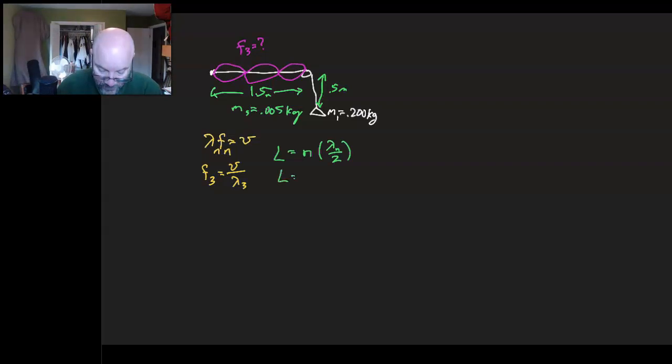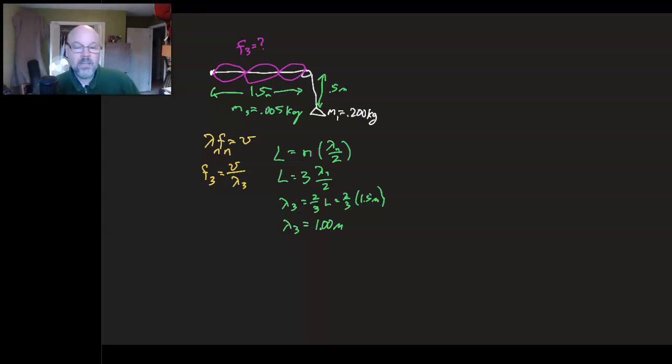That means we have L is 3 lambda 3 over 2, which tells us that lambda 3 has to be 2/3 of L. So that's 2/3 times 1.5 meters, and therefore lambda 3 is 1 meter. It looks like I'm being a little fast and loose with my sig figs there, so I hope you'll forgive me on that. On a test or something, I'll make sure all the numbers sort of match that way.